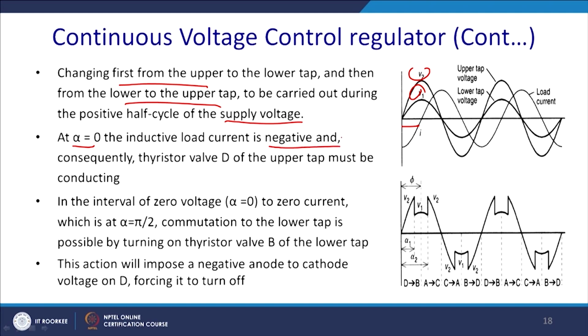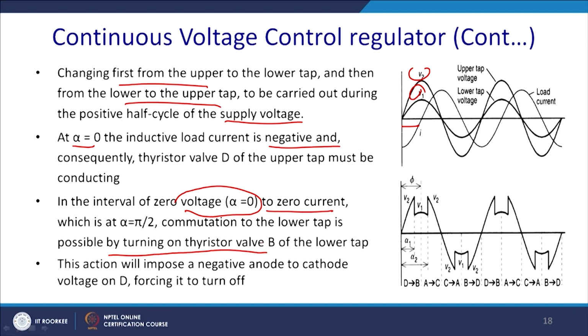So, for this reason, for the interval of voltage V equal to voltage at 0 current, which is almost at pi by 2, because it is assumed to be very highly inductive or almost 0 resistance, the commutation of the lower tap is possible by turning on the thyristor valve B of the lower tap.